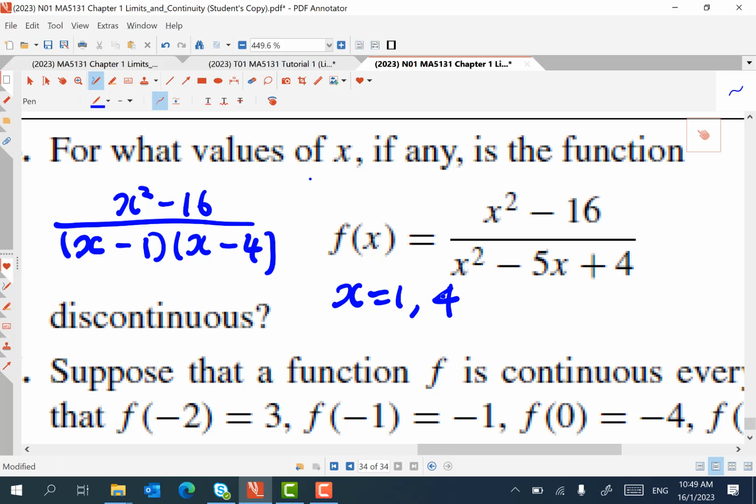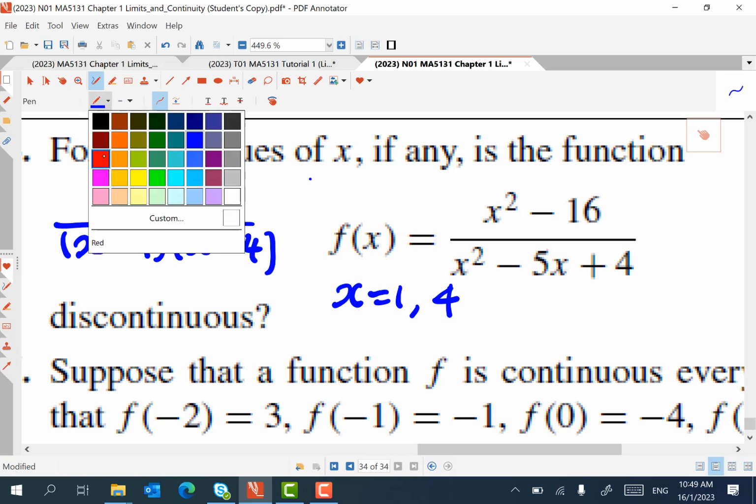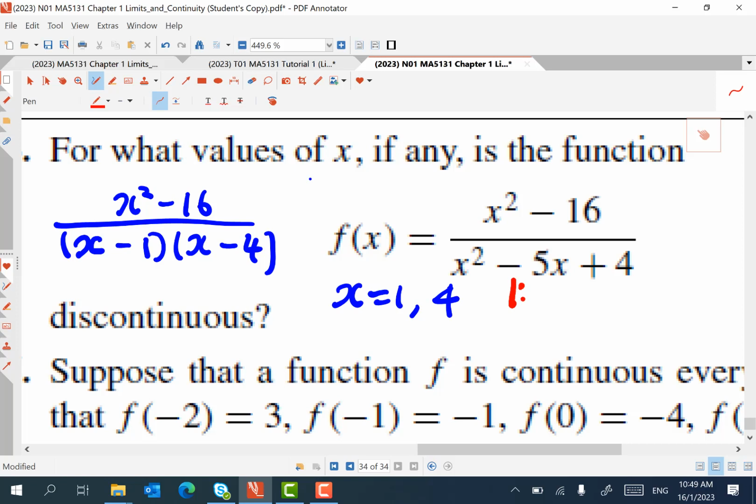To do this, you want to conduct a check on the function as x goes towards 1 and as x goes towards 4. If you check when x goes towards 1, Kenneth, what do you think it will be equal to?